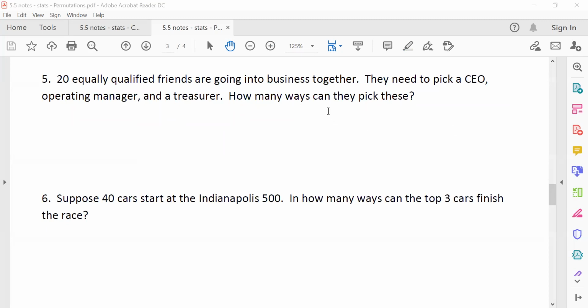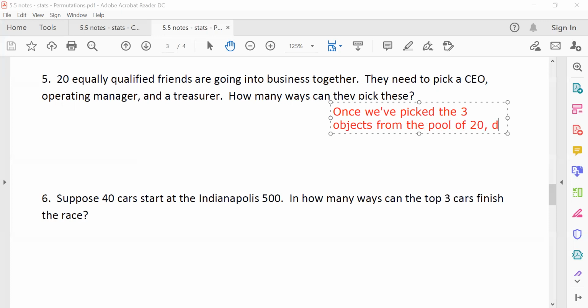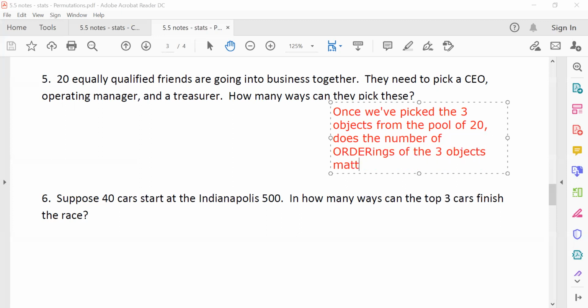In other words, once we've picked the 3 objects from the pool of 20, does the number of orderings of the 3 objects matter? And one of the nice phrases you'll see is, does order matter in this situation?